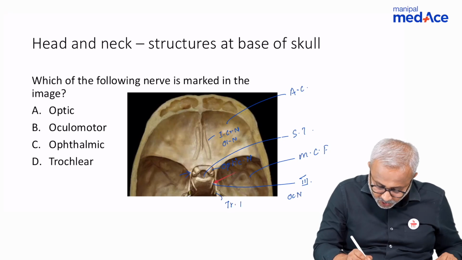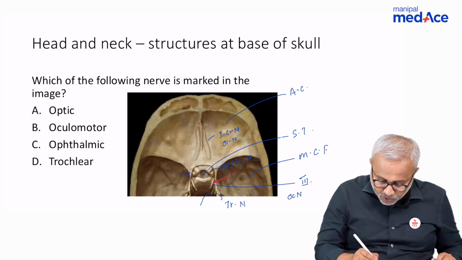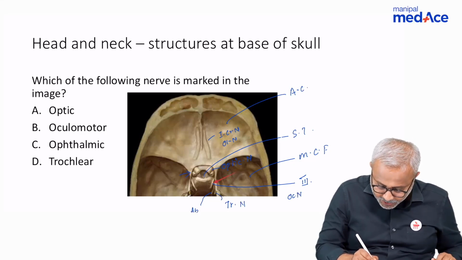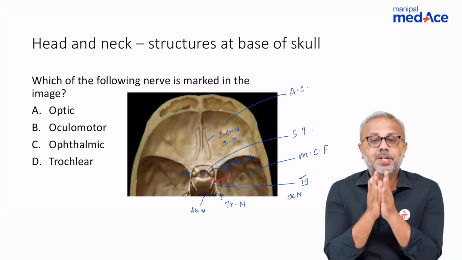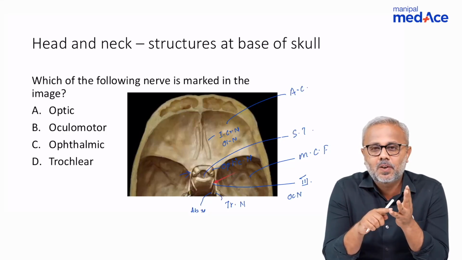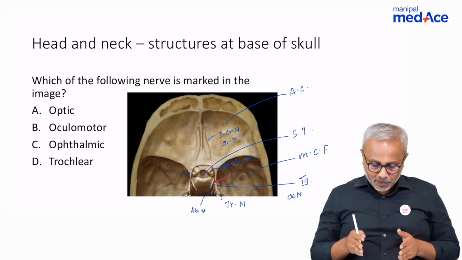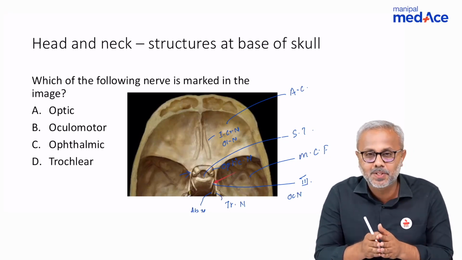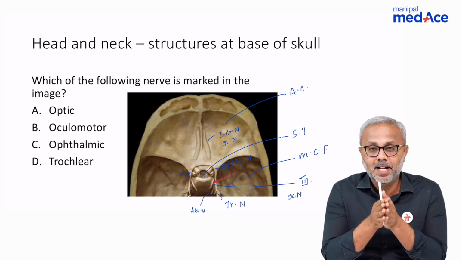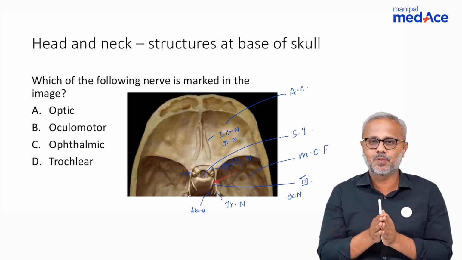This is the trochlear nerve, and then below you will see one more small nerve, and this could be your abducent nerve. Remember, the trigeminal nerve divides into three branches. These are ophthalmic, maxillary and mandibular, and the ophthalmic division will enter through the superior orbital fissure, the maxillary nerve will enter through the foramen rotundum, and the mandibular nerve will leave the skull through foramen ovale.